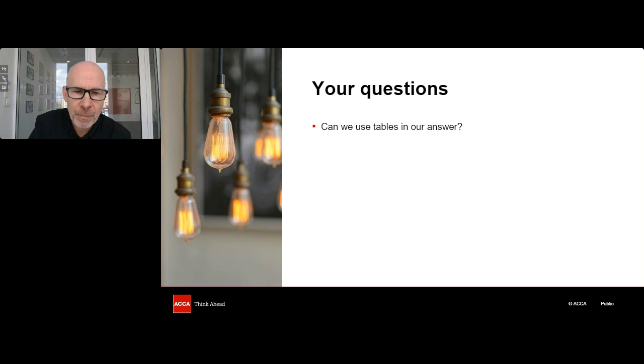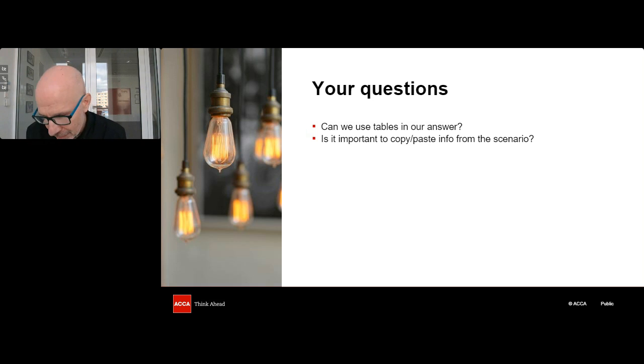Guys, ACCA unleashed a monster with the copy pasting. On the one hand, it's very helpful to copy in the embedded tasks.